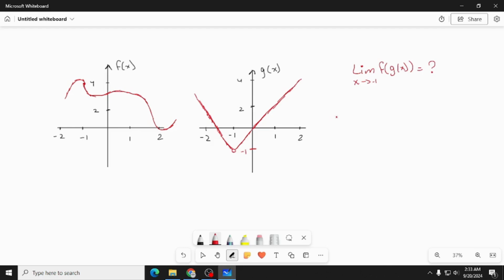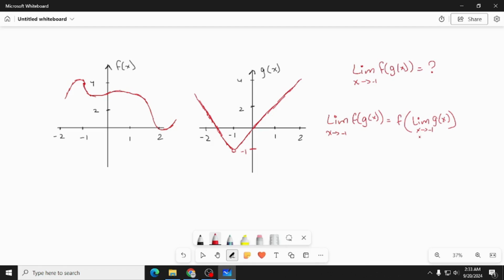We saw the solution is the limit as x approaches -1 of f of g of x, and we calculate it using f of the limit as x approaches -1 of g of x. So first we take the inner function and take the limit, and then input that answer into the f function to get the output.